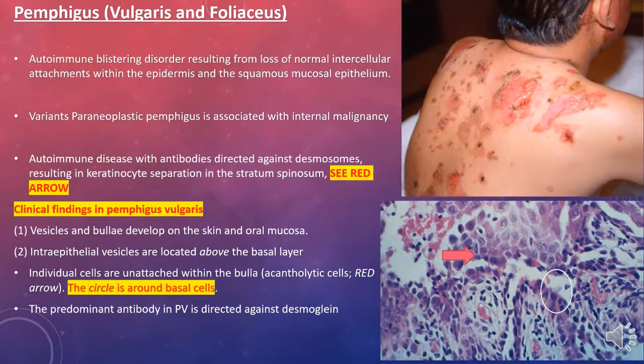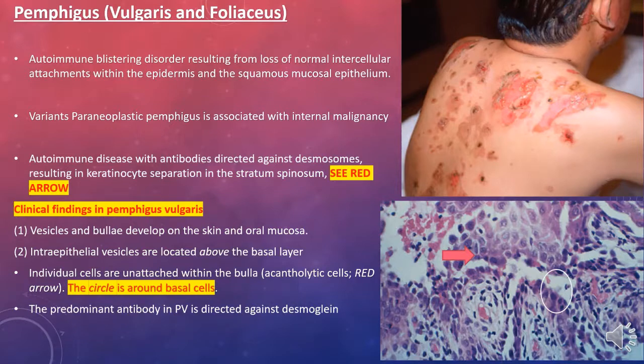The clinical findings of pemphigus vulgaris are not part of this domain session, but let me summarize them. Vesicles and bullae develop on the skin and oral mucosa. They are intraepithelial vesicles located above the basal layer; the blister is basilar within the epidermis.